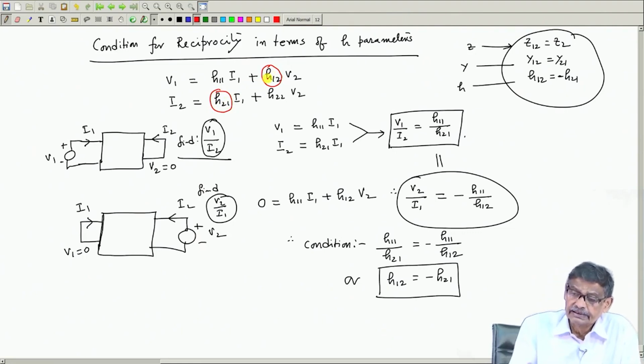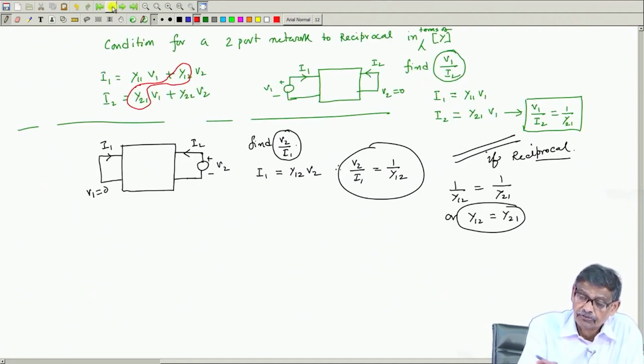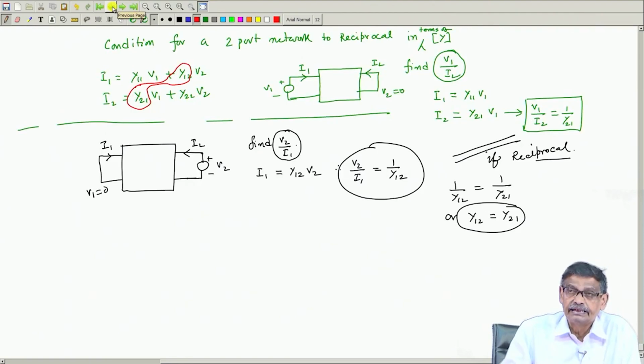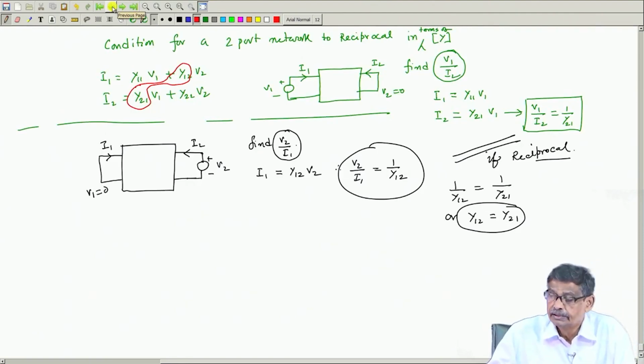So, this is the condition for reciprocity for these three matrices Z, Y and H parameter matrices. Naturally, the question comes, what will be the condition for reciprocity if the network is represented in terms of ABCD parameters, and that we are going to do in the next class. Thank you.